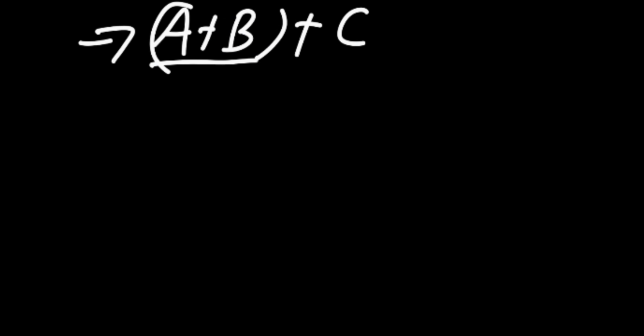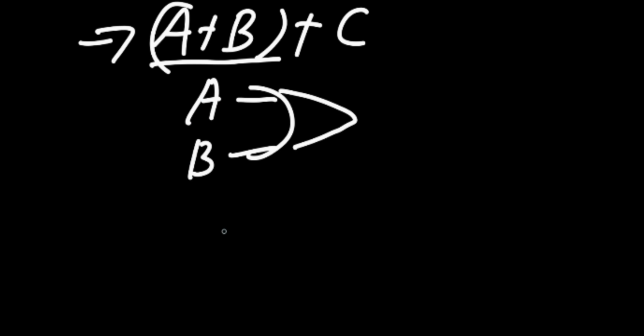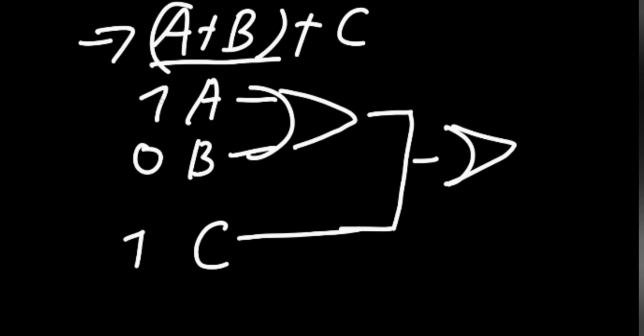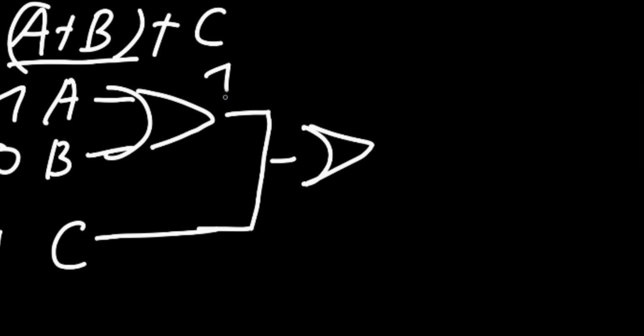Let's prove it using a logic gate. So first of all, A plus B plus C. We are prioritizing A OR gate B, sorry, A OR B, then C is added here through an OR gate. Let's say A is 1, B is 0, C is 1. 1 and 0 in an OR gate will give us 1.